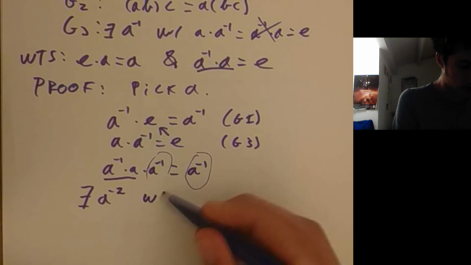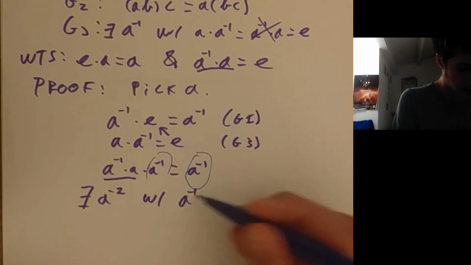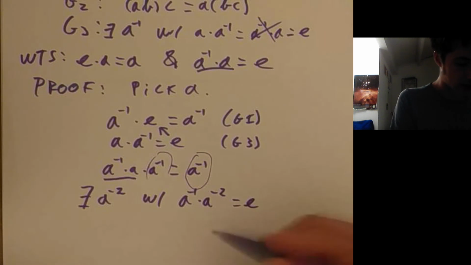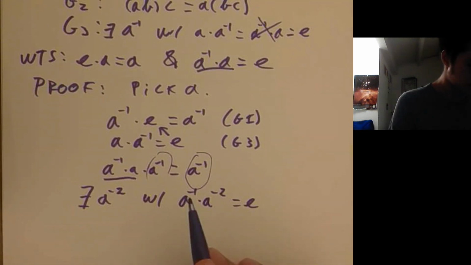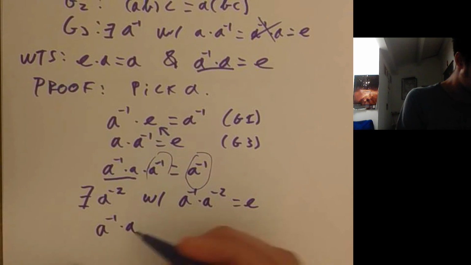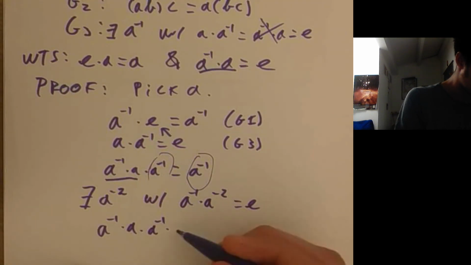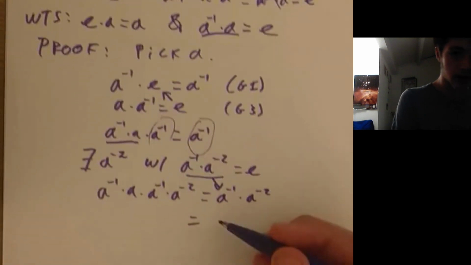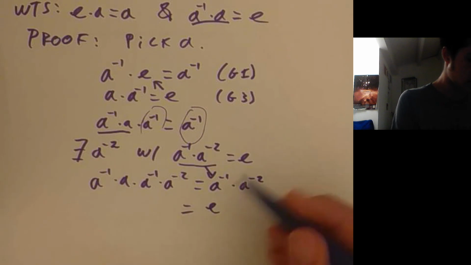And we know that A inverse times the second inverse of A will be equal to the identity. Then we can right multiply in this equation by the second inverse of A, so we have A inverse times A times A inverse times the second inverse of A equals A inverse times the second inverse of A. And we know this part will be equal to the identity. So that's nice, that's what we wanted.